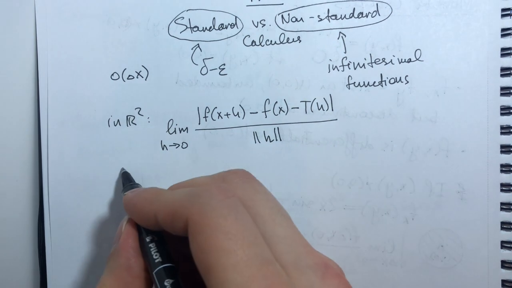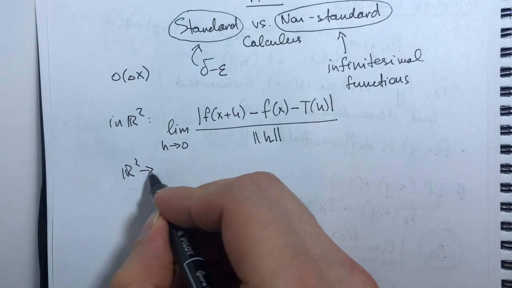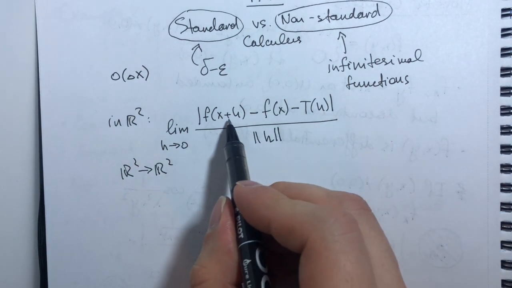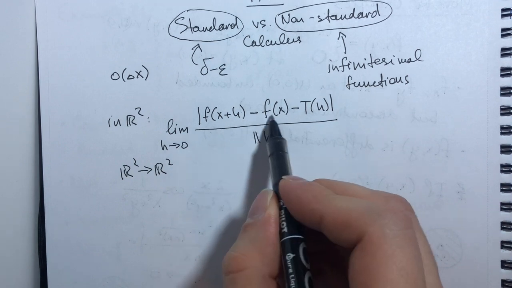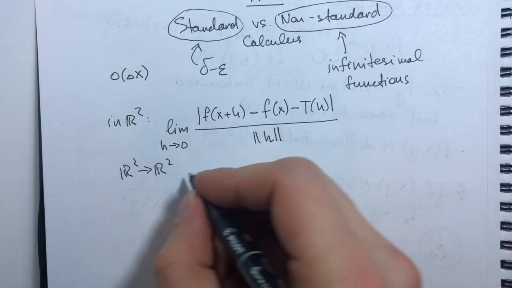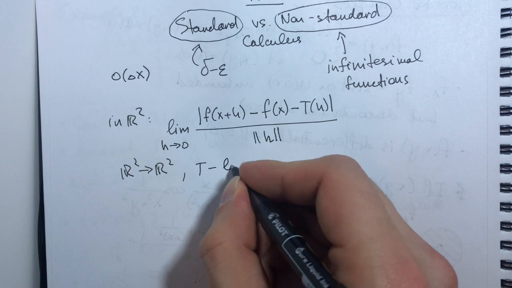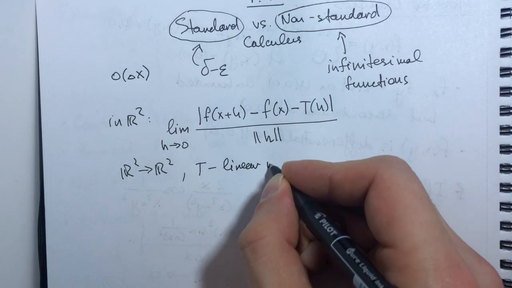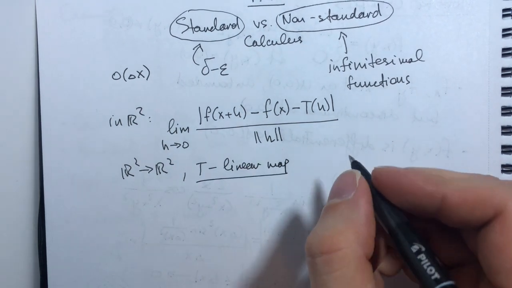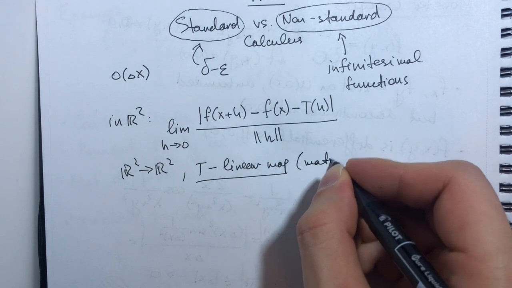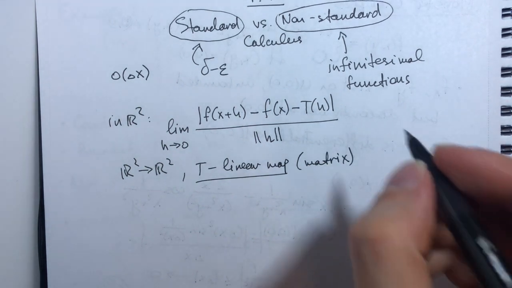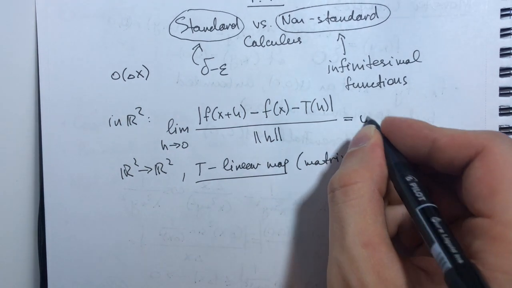Right? So here actually I have assumed that my function maps from R2 to R2. So this is my new value, this is my old value, and this T is a linear map. So it is some sort of matrix. And the function is differentiable if this limit tends to 0.